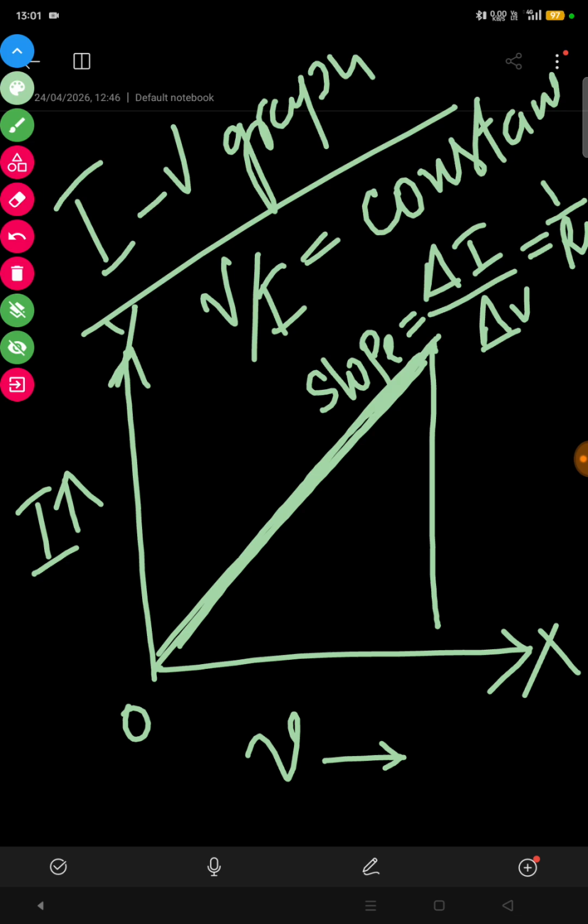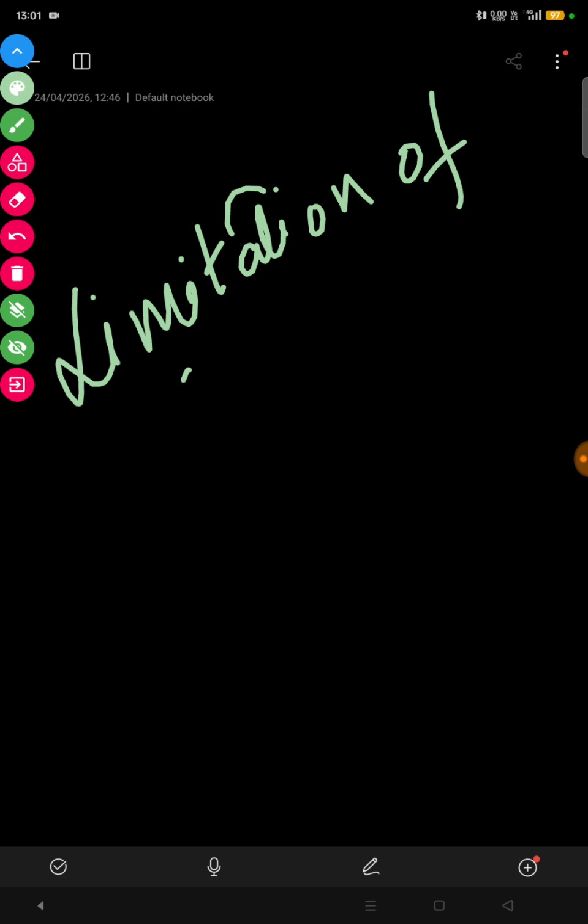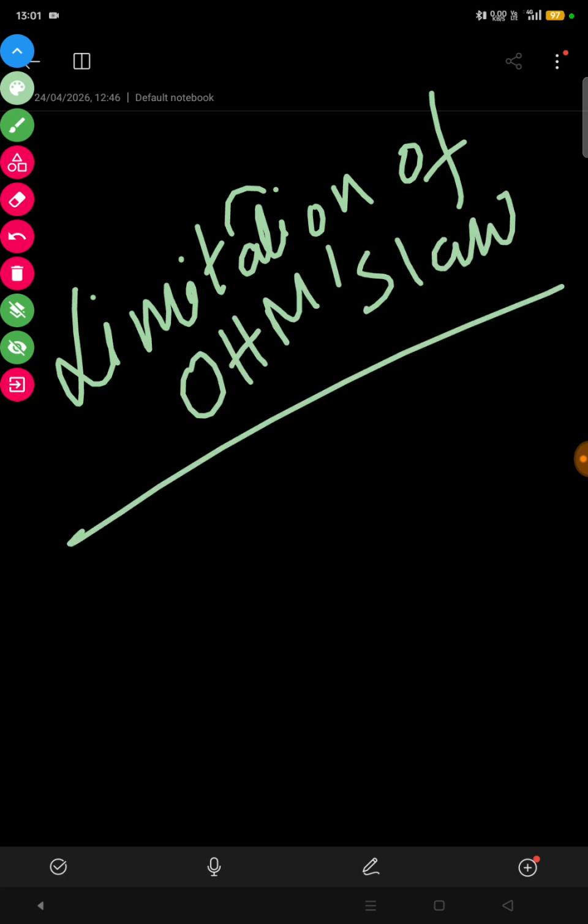Now come to the limitation of Ohm's law. If a question asks, what is the limitation of Ohm's law? Ohm's law has a limitation, and what is that limitation?